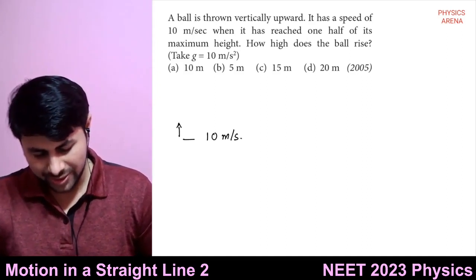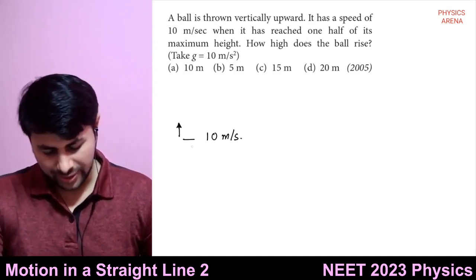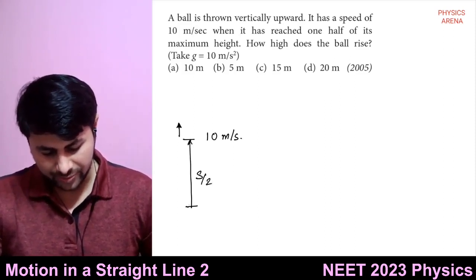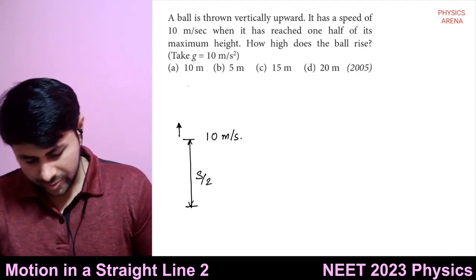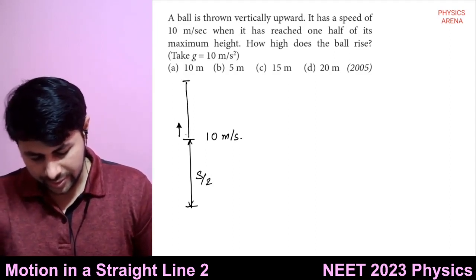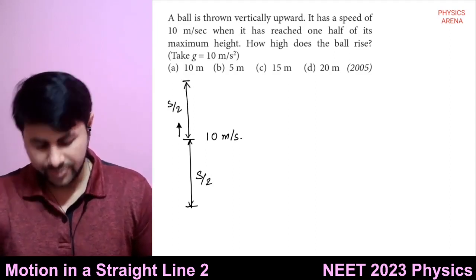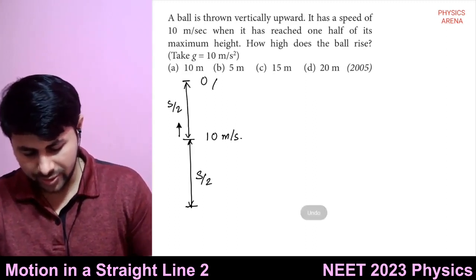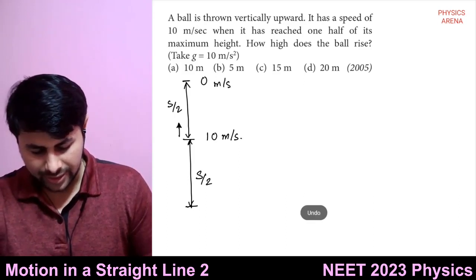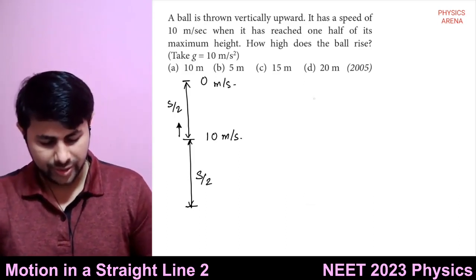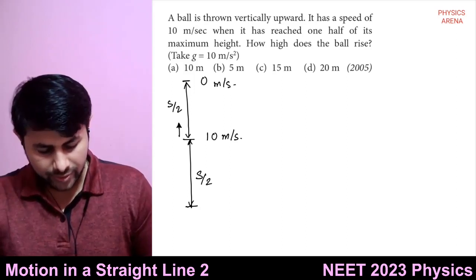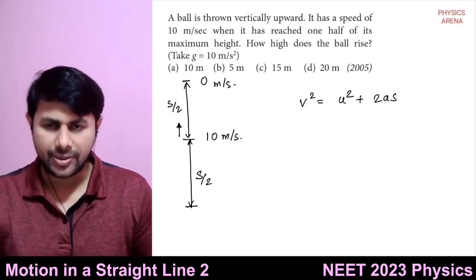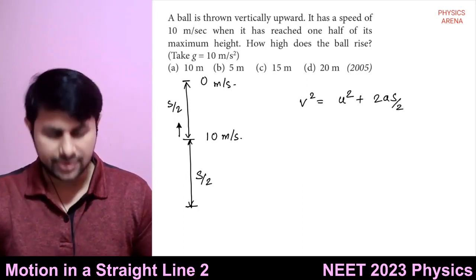Okay, so the ball is still moving vertically upwards. This much distance they are saying is s by 2. So the ball rises some more distance s by 2 and its speed becomes 0 meters per second at that final height. Now we can use the formula v square equals u square plus 2 times a multiplied by s, which in this case is s by 2.